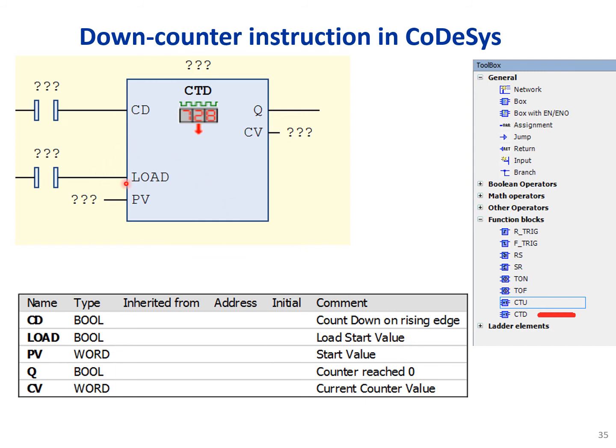This is the value that we start to count down from. For example, by default it is 0, so we start counting down from 0, but the load value could be something other than 0, for example 10, and when we count down it starts to decrement from 10 to 9 to 8 and so on and so forth.